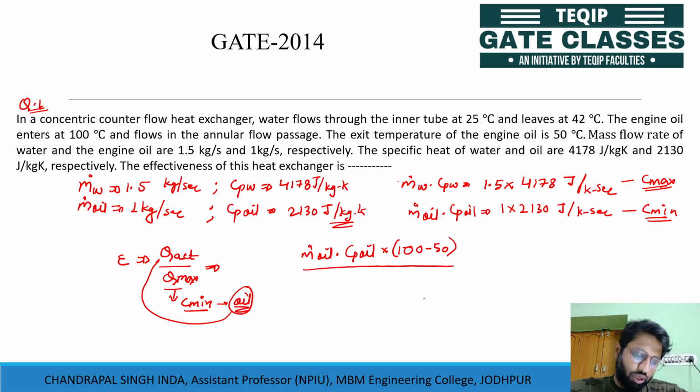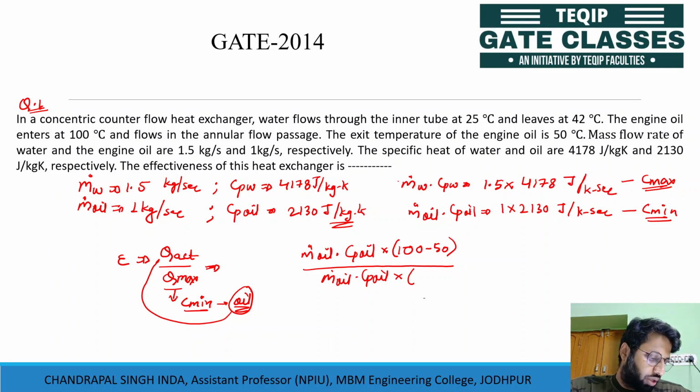and for the maximum heat transfer we have the formula that is equal to the C minimum multiplied by maximum temperature difference. So C minimum is equal to the mass flow rate of oil multiplied by Cp of oil multiplied by the maximum temperature difference across the heat exchanger, that is equal to the T hot inlet minus T cold inlet.